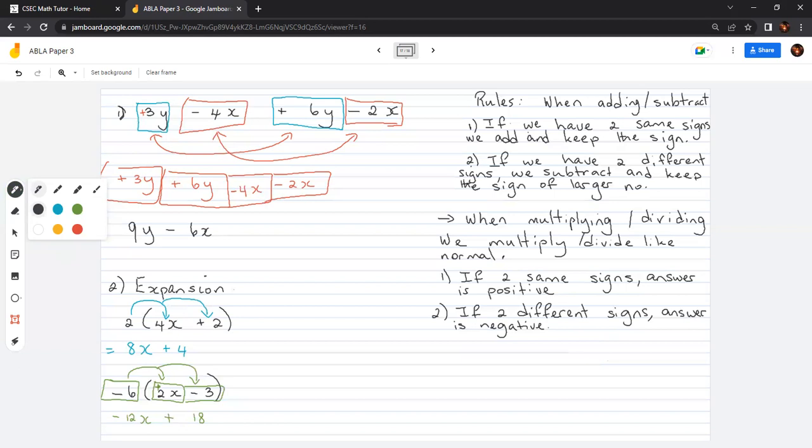Another thing that we must know from these positive and negative rules is that if you have two plus signs back to back or two negative signs back to back, right after each other, you can replace them with a positive sign.